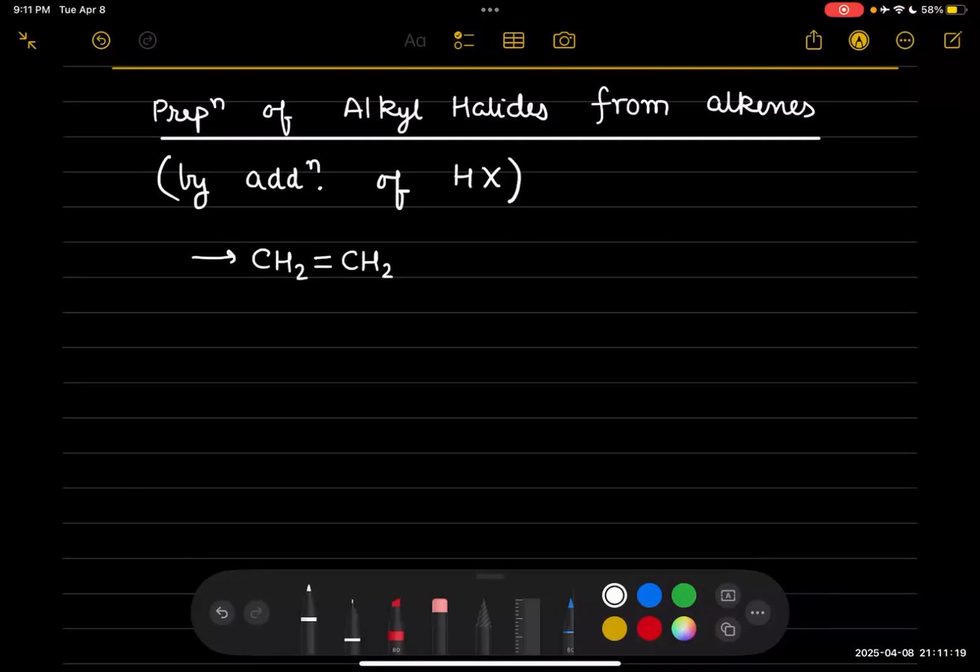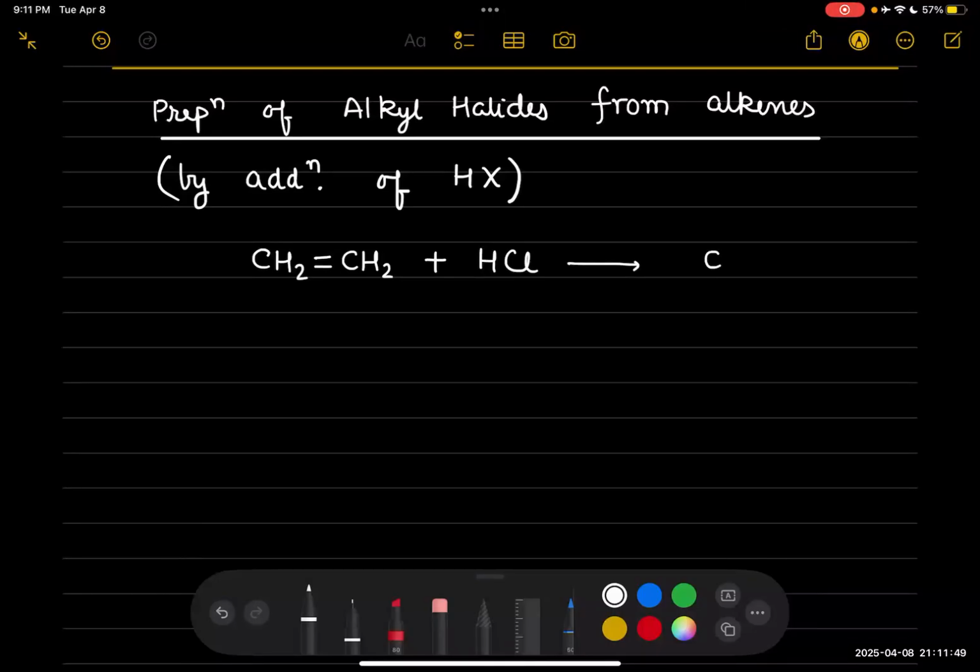So there is a double bond, and you know in the double bond the second bond is weaker. And you can take some HX, for example HCl or HBr or HI. They are acids, so they will already have H plus and Cl minus separated. Then where do these H plus and Cl minus go?